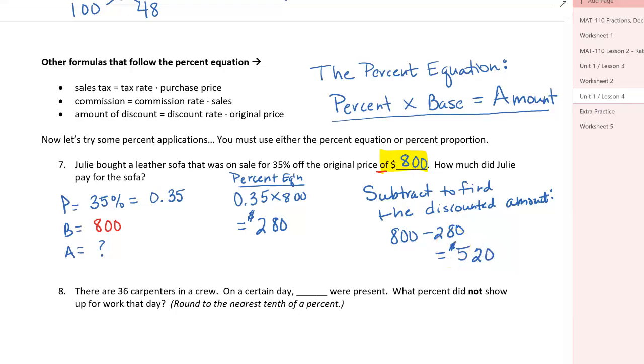So another thing I want to point out here is that it is very important to read the problem. Don't just arbitrarily apply these values because it really makes a difference. If you don't have the right number with what it represents, you will not get the right answer.